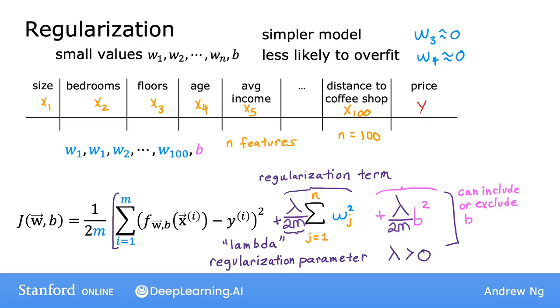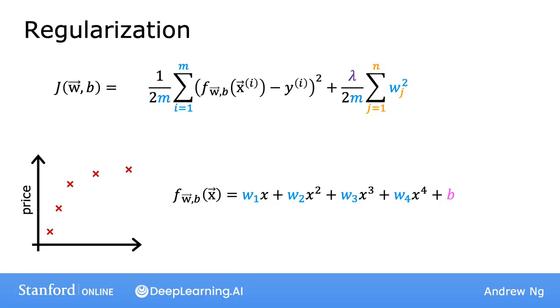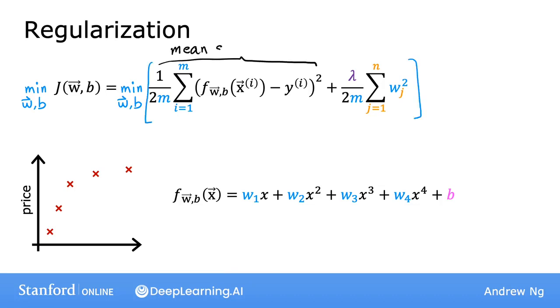So to summarize, in this modified cost function, we want to minimize the original cost, which is the mean squared error cost, plus additionally the second term, which is called the regularization term. And so this new cost function trades off two goals that you might have.